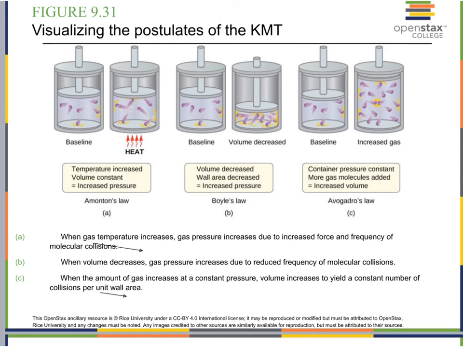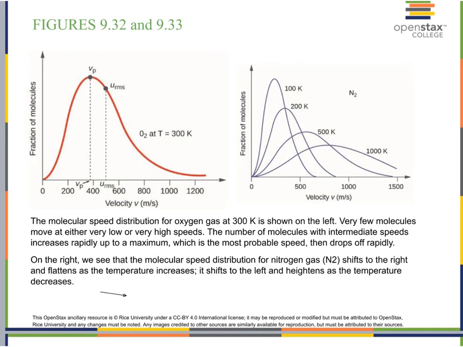They're still moving at the same speed, exerting more pressure. And if you put more gas particles in there, you're going to increase the pressure, which then results in an increase in volume. And so that's Amonton's law, Boyle's law, and Avogadro's law.